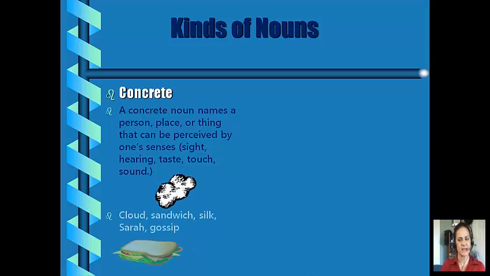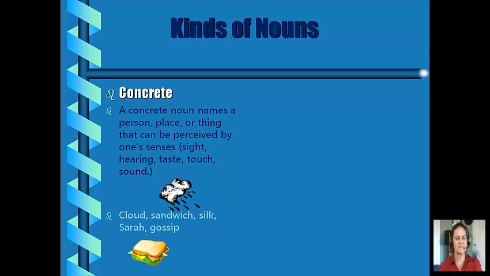Now let's look at some examples. We have a cloud. We can see a cloud. If it rains, the rain comes down, we can feel that rain. A sandwich is something we can pick up, we can feel, we can bite, we can taste it. Concrete noun. Silk. It could be the fabric silk that is very smooth and made from the silkworm, or it could be her skin is silky, and in that case silky would be an adjective, silky skin.